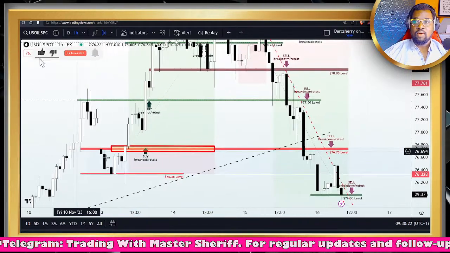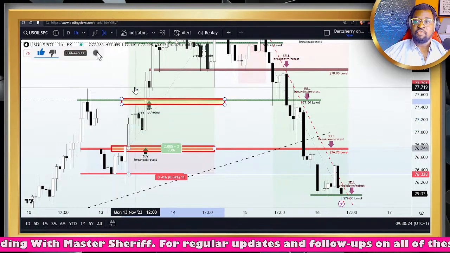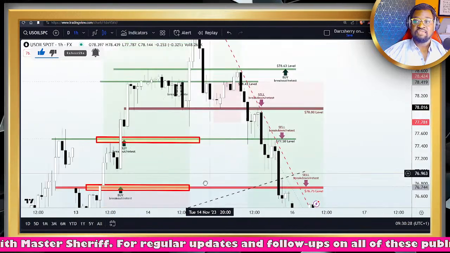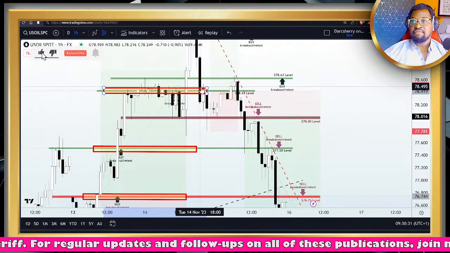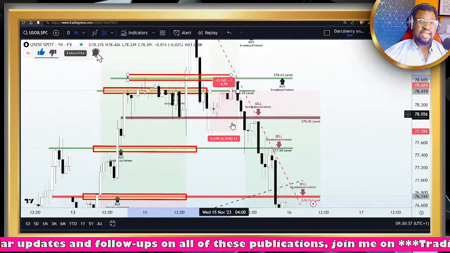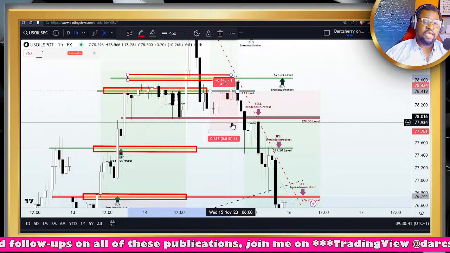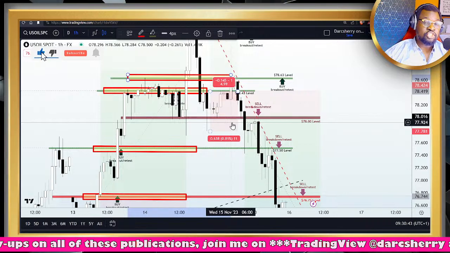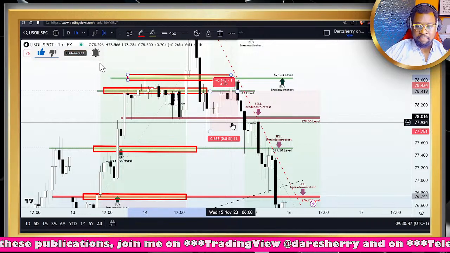As you will see, we had multiple entries where we added more positions, had a breakout of the $77.50 level, and of course we also added one more, had the $78.43, and of course the $78.63 area, as we were able to scoop in approximately 300 pips on that buy bullish trend we witnessed in the first couple of days of this week.